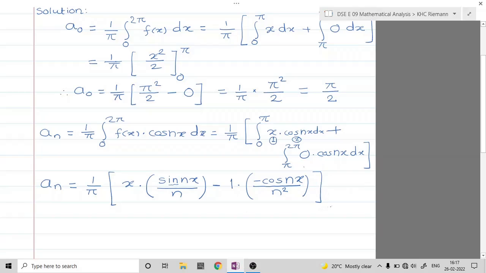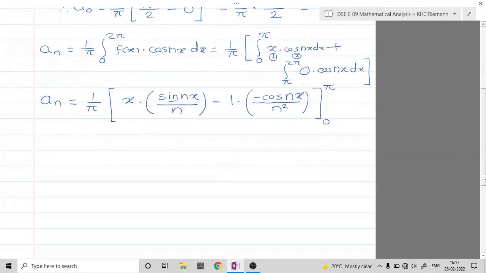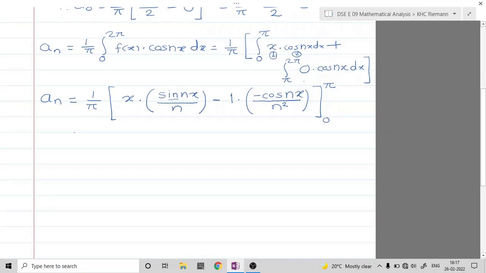Okay. So the only matter to check is what the limits of integration are. Integration 0 to pi, so this part has limits 0 and pi. Now we put upper limit minus lower limit. For x equal to pi, in the first term we get sin n pi, but sin n pi is 0.